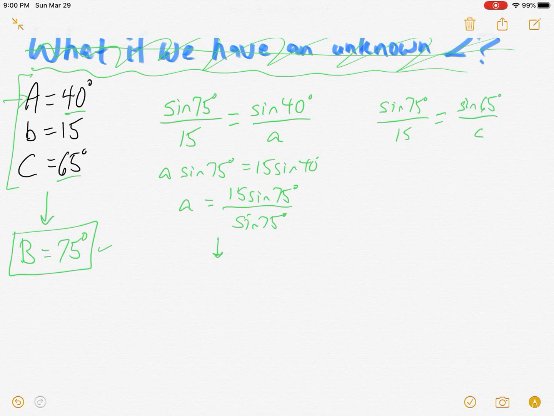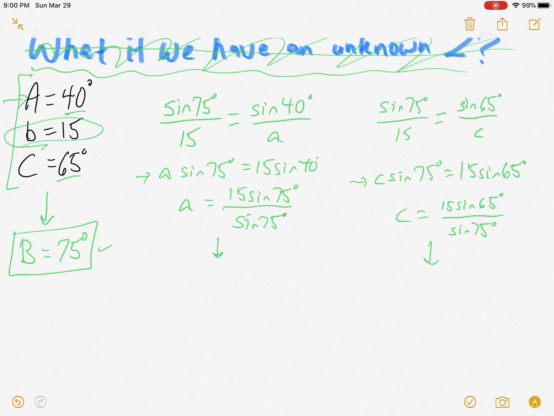So to find C, we'll do this, cross multiply, and we get that C is 15 sine 65 degrees over sine 75 degrees. By the way, this step is not required. I would not do that step, but it might help you, so give it a try. So side C, B should be the biggest side. They should both be less than 15, but side C should be bigger than side A.